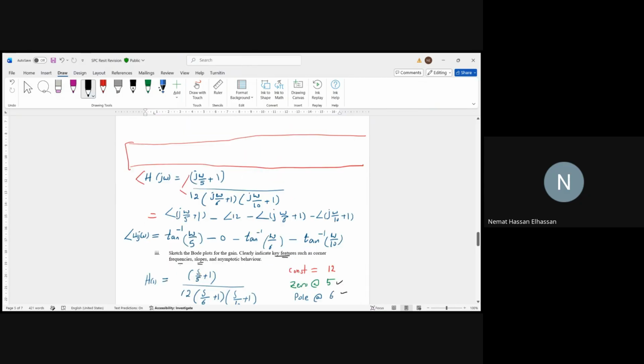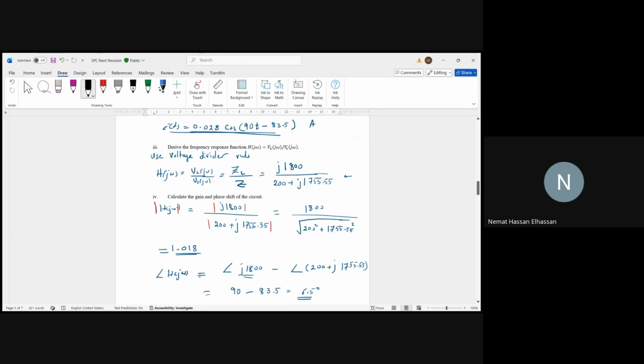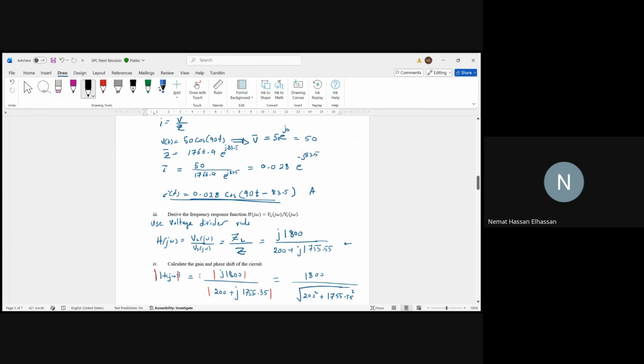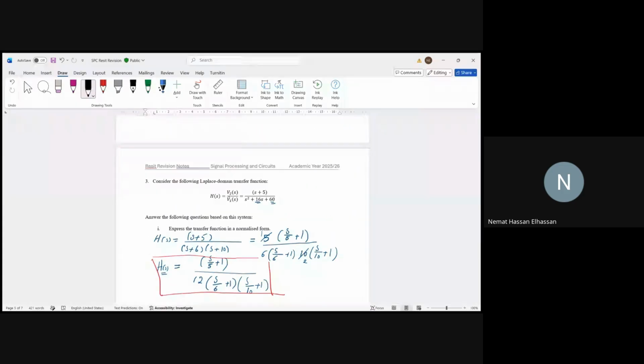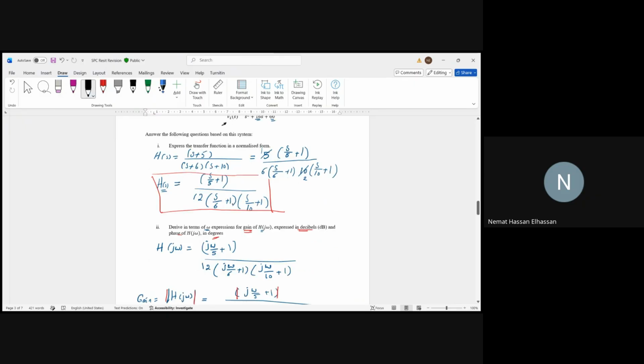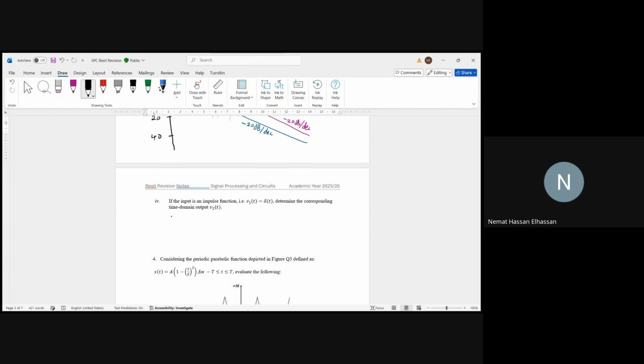The final part of this question is if the input is an impulse function. So if V1, we go back to the question, if V1 here was a pulse, what will be the value of V2? Just a reminder, if h of s was equal to V2 of s over V1 of s, then V2 of s is equal to h of s multiplied by V1 of s.